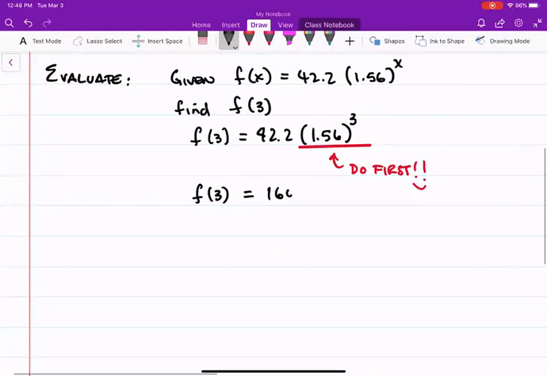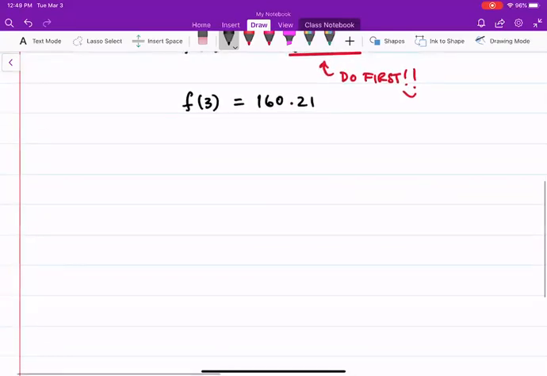So 160.21. Are we okay with that? Pretty easy? Okay.